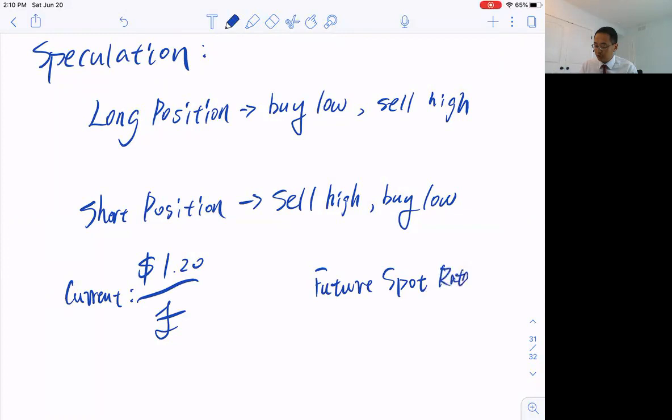Because you don't know for sure. But you expect in the future the pound is going to depreciate, so it's only going to cost you $1 per pound. Okay. Then what you can do now is you can go to a currency broker and say, hey, how about I borrow 1 million pounds right now, okay? And let's see.